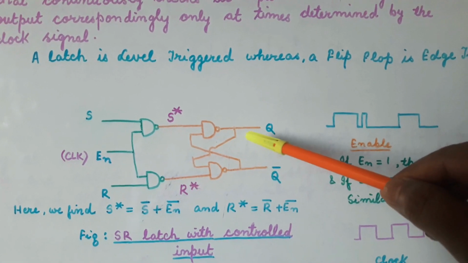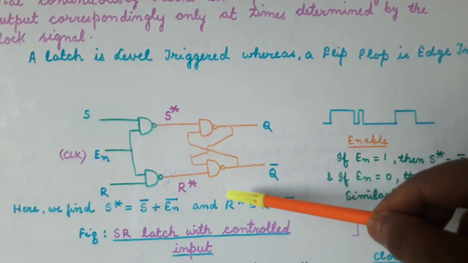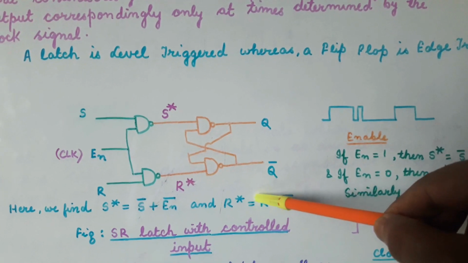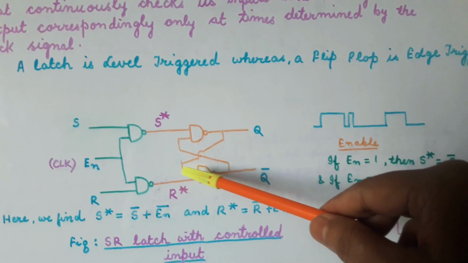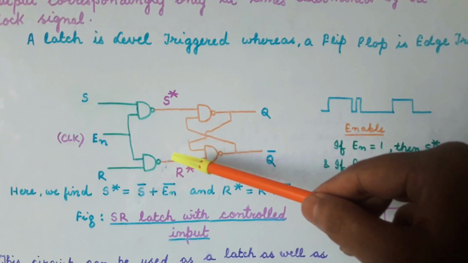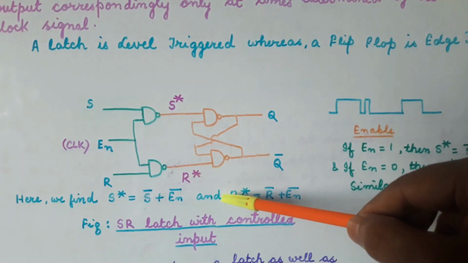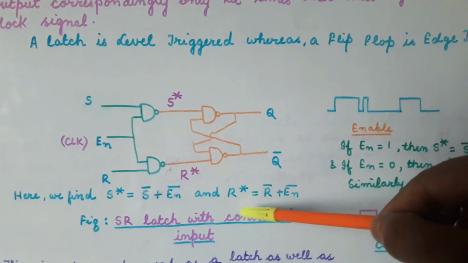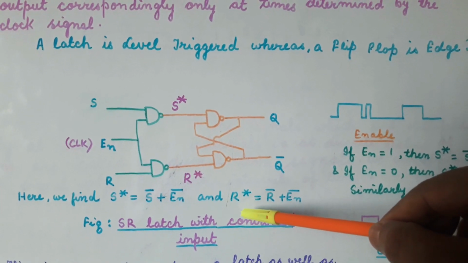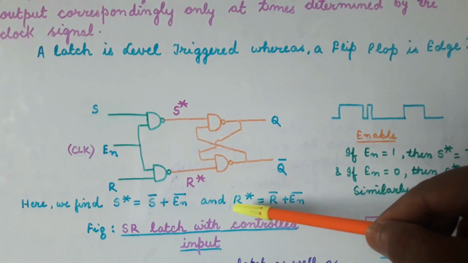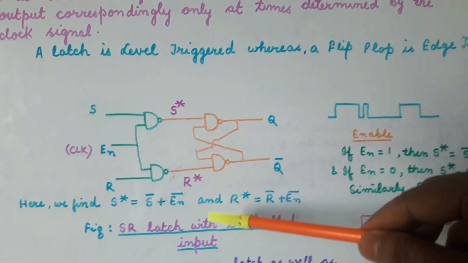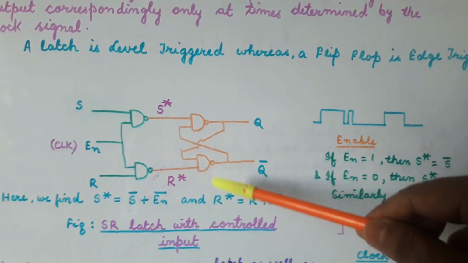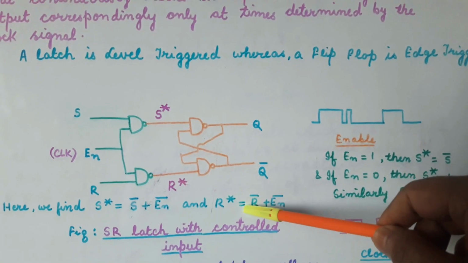So, whatever state is stored in this latch is retained until we change the value of the enable signal, that is En. That is why we call it an SR latch with controlled input. So, this is the working of the latch. Whenever there is an enable signal, we call that circuit a latch.